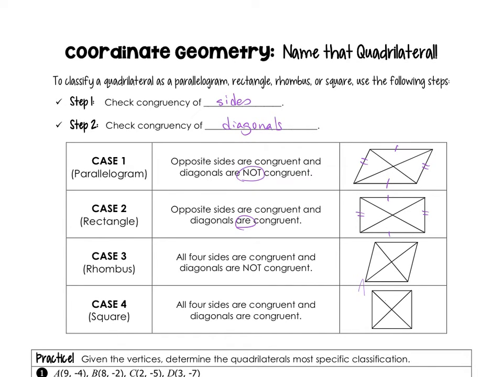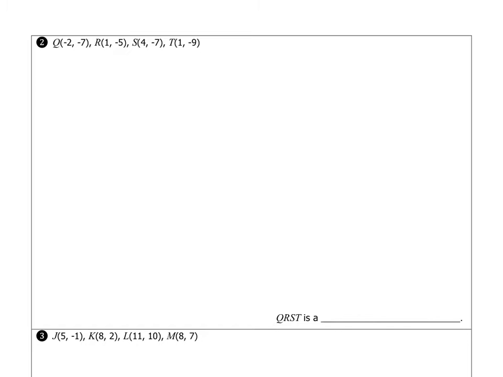Rhombus, all four sides are congruent, but the diagonals are not congruent. Whereas square is all four sides are congruent, and the diagonals are also congruent. So that's the difference. Let's look at an example here.